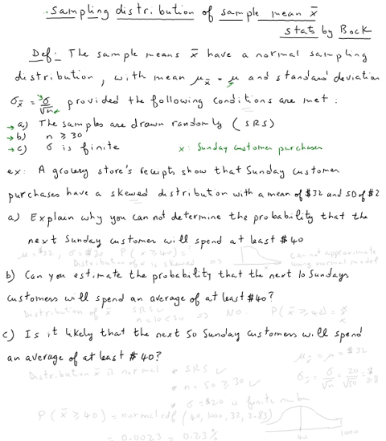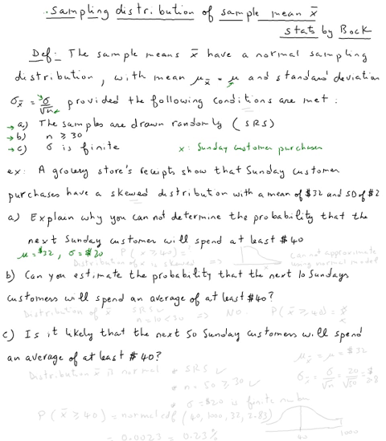So we know that mu is $32. We know the standard deviation is $20.